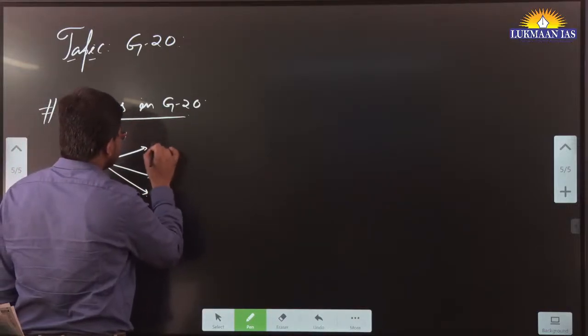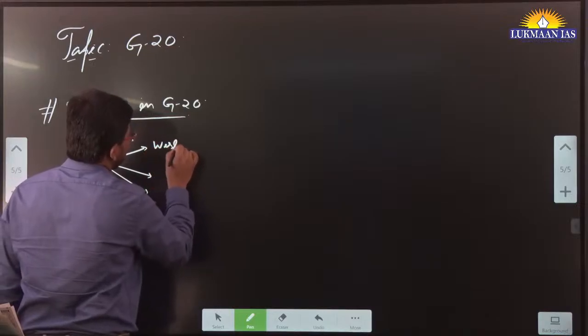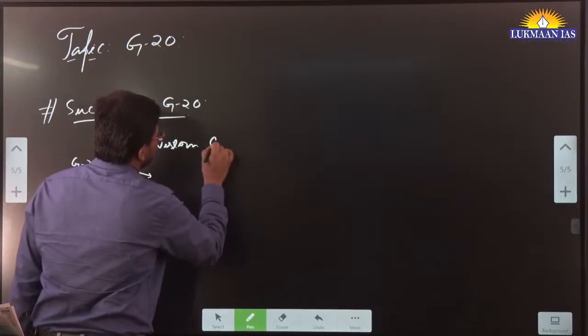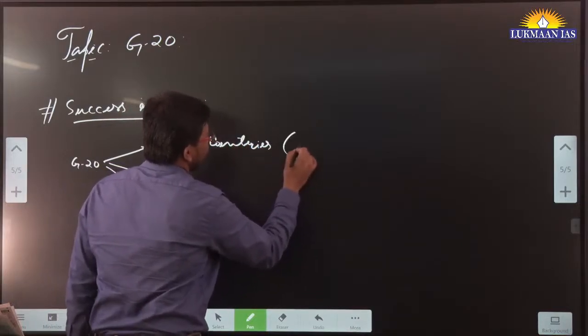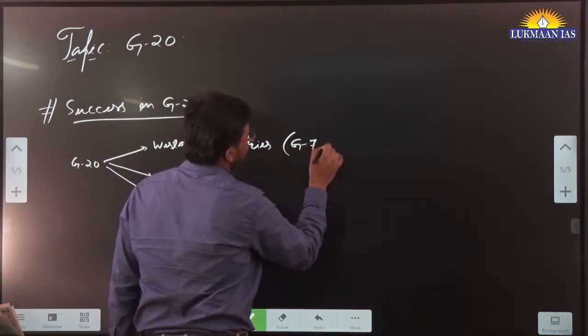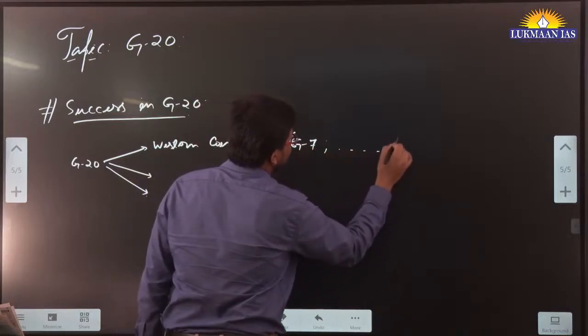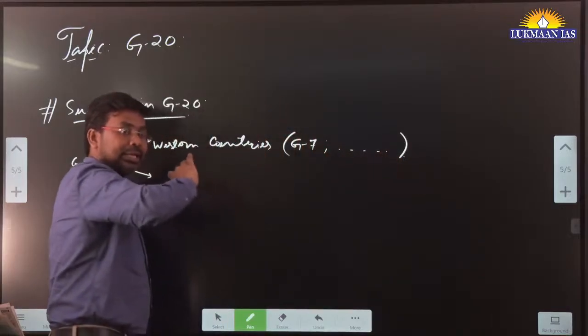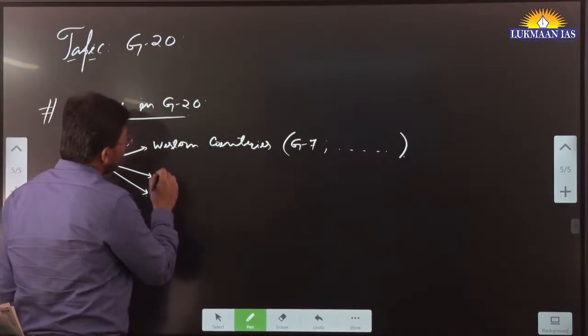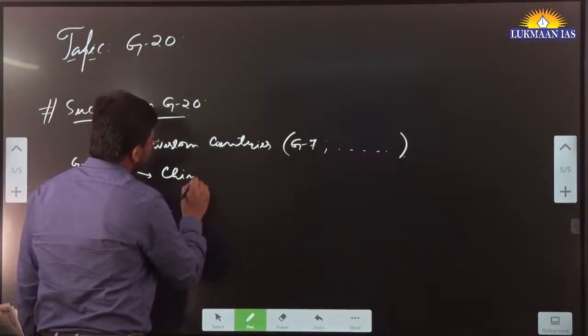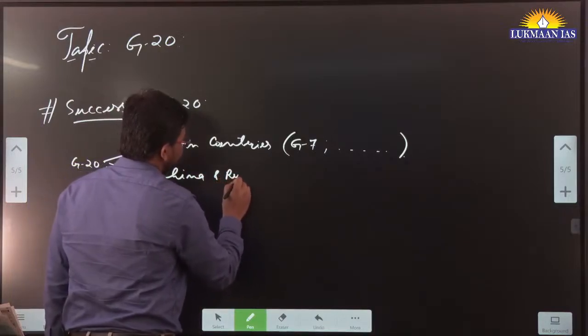One part is Western countries, which includes the G7 plus many other Western countries that represent one sort of idea. Then other countries are, for example, China and Russia.